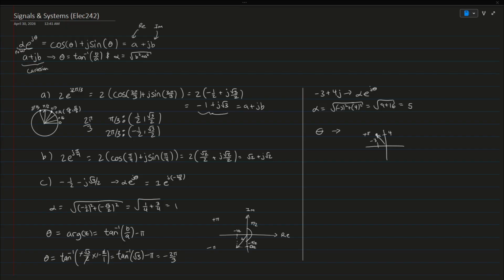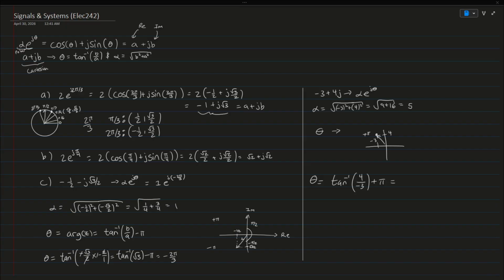Alright, so theta is going to be equal to tan inverse of 4 over negative 3 plus pi. This is going to give us tan inverse of negative 4 over 3 plus 180.